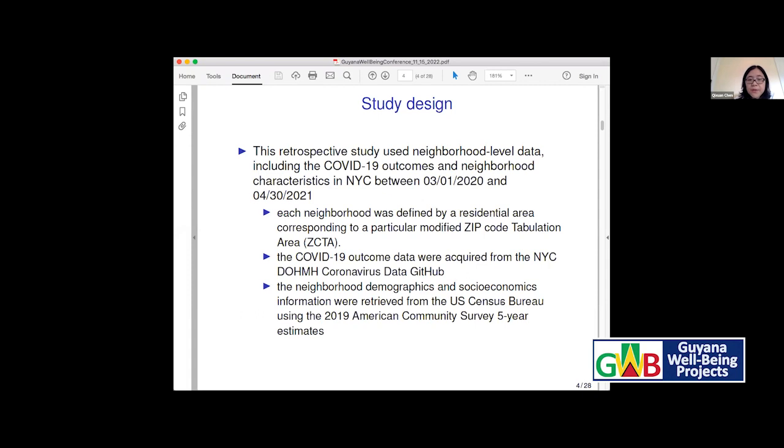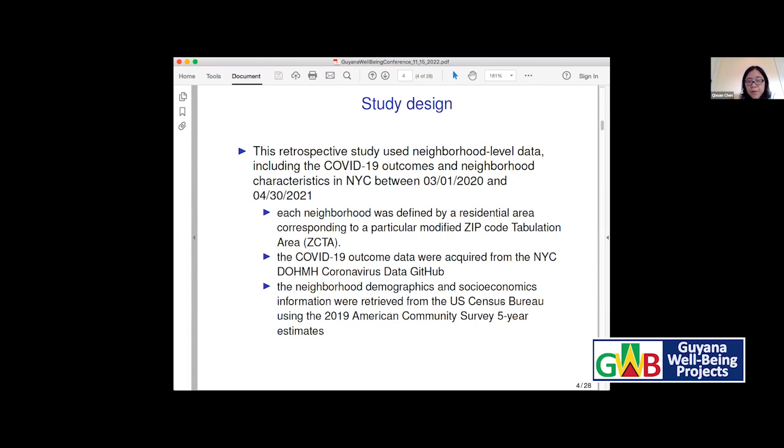The neighborhood here is defined by a residential area corresponding to a particular modified zip code tabulation area, which we call ZCTA. A ZCTA is usually defined as a few adjacent census blocks, for example. The COVID-19 outcomes were originally acquired from the New York City Department of Health and Mental Hygiene COVID data GitHub.